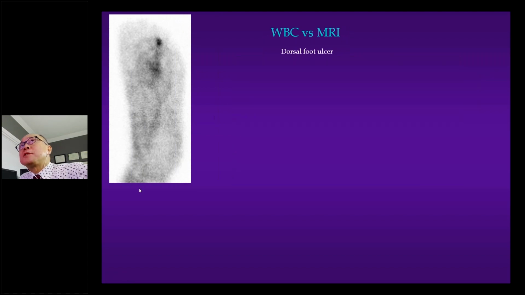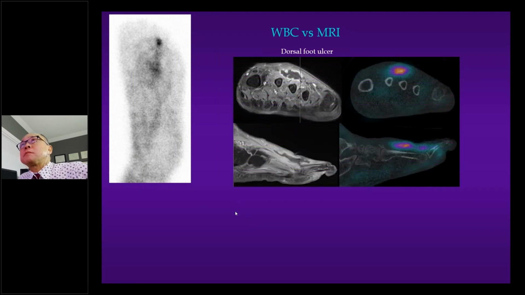Diabetic foot, that is our bread and butter, the overwhelming majority of our white cell cases. So I was on duty, not in nuclear medicine, but in MRI, with a musculoskeletal fellow sitting beside me, reporting cases for the day.